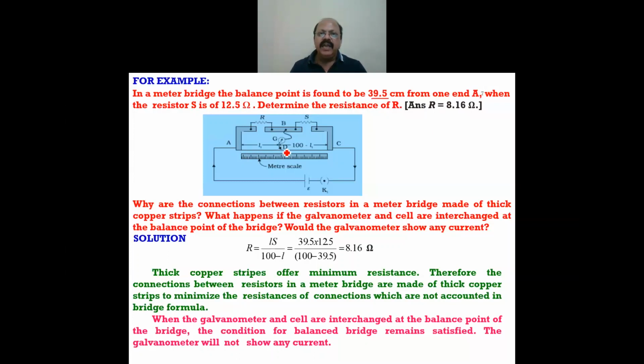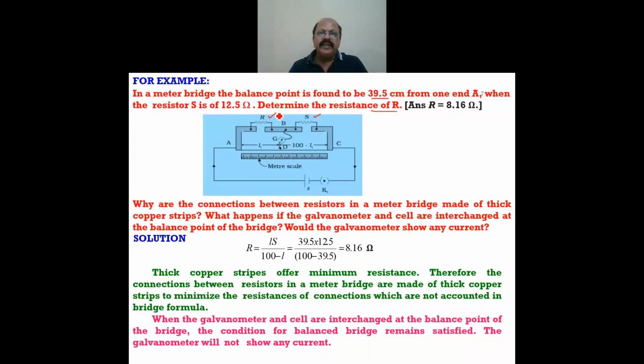It means AD is equal to 39.5, and then DC equal to 100 minus 39.5. When the resistance S is of 12.5 ohm, meaning this resistance is 12.5 ohm, then you determine the value of resistance R. Your aim is to find out this value of R, right?